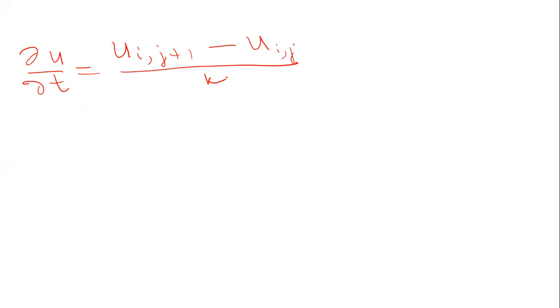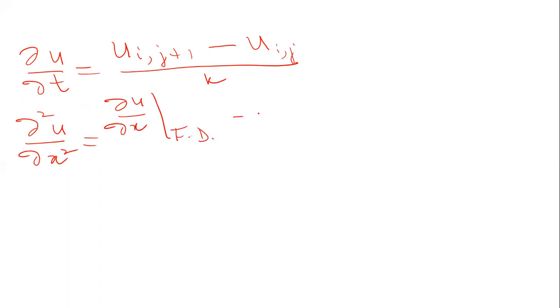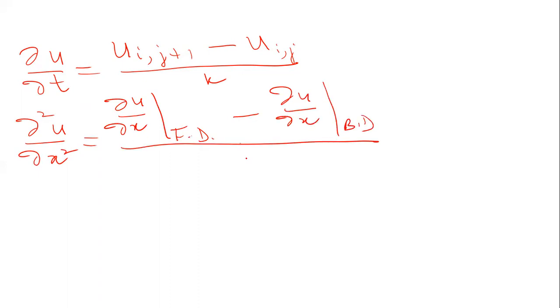Then, similar to our previous calculation, we write del square u upon del x square as del u upon del x forward difference minus del u upon del x backward difference, divided by h.